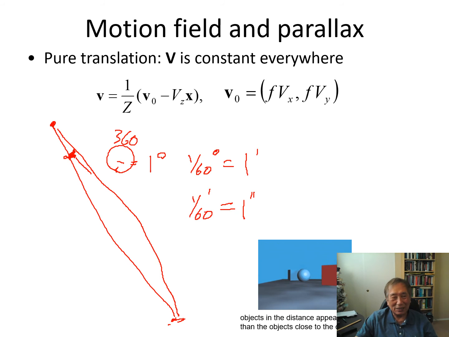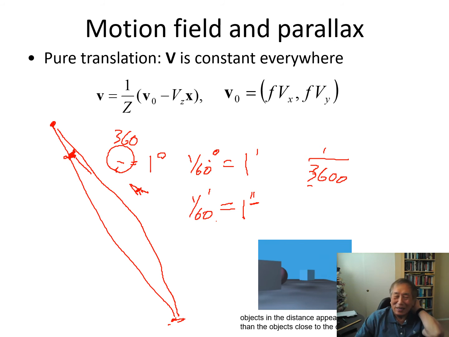That's why the names go like that. So 60 times 60 is 3600. One degree is very small, and 1/3,600 of it is really, really small. We don't see any difference with the naked eye, but with the instruments these days they do.